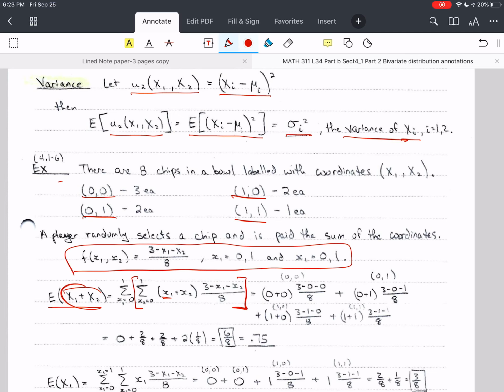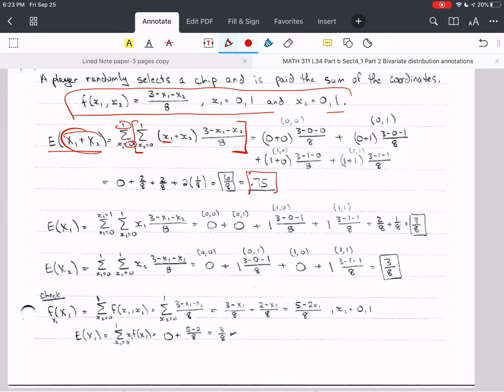And then come back and say, well, okay, here's where x1 is 0, and here's where x1 is 1. Or I can look at the coordinates. So 0, 0, 0, 1, 1, 0, 1, 1. In this case, that's a lot faster, so that's what I did. And I plug in for x1 and x2, and then I sum up, and I get 0.75. So that's the expectation of x1 plus x2.